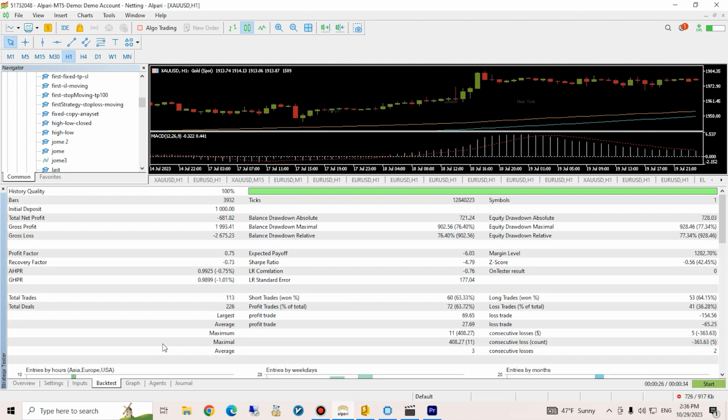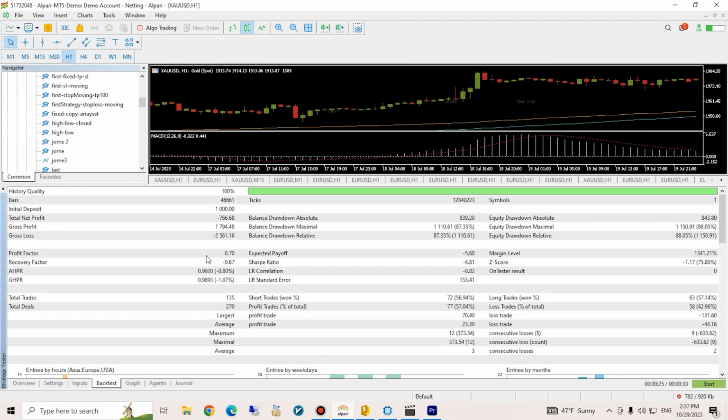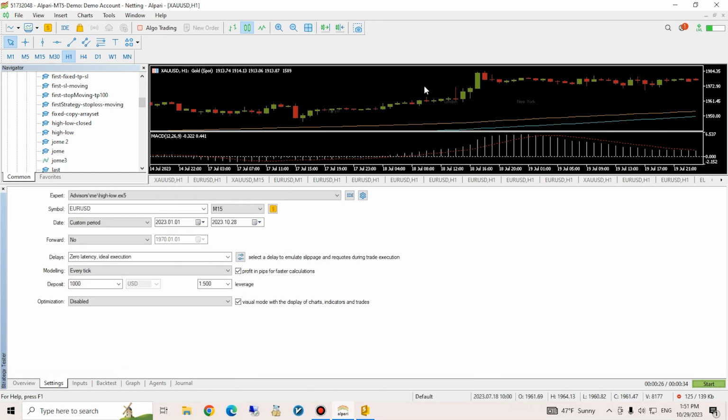So we had 68% loss. So it doesn't work for bigger time frames too. I will test it for 5 minutes. Here's the last I will test. Here we had minus 76% loss. So this strategy didn't work.